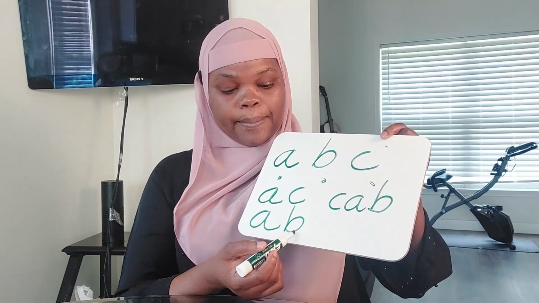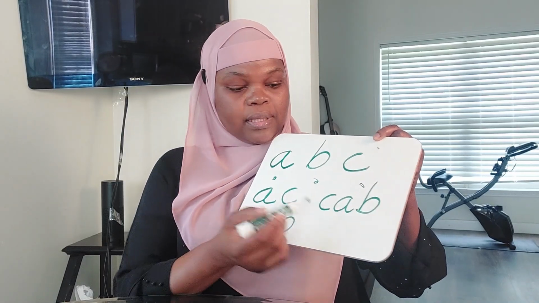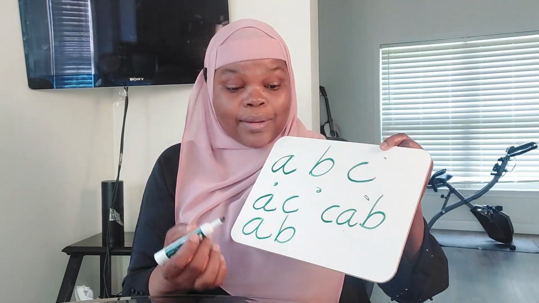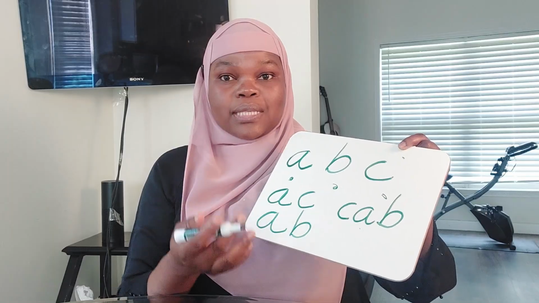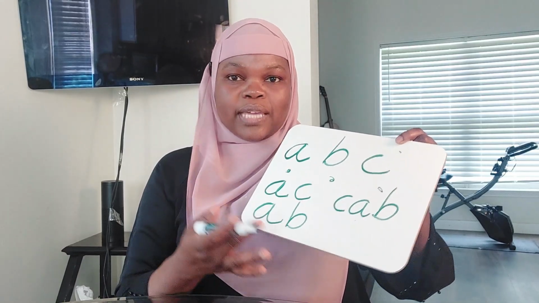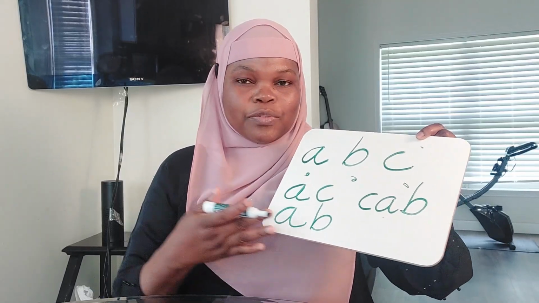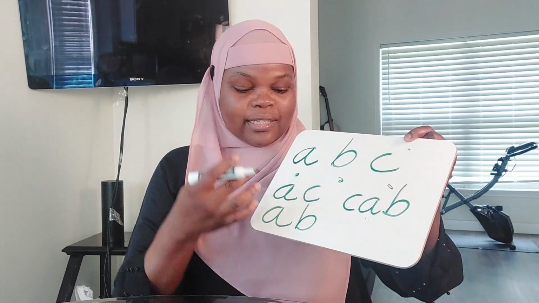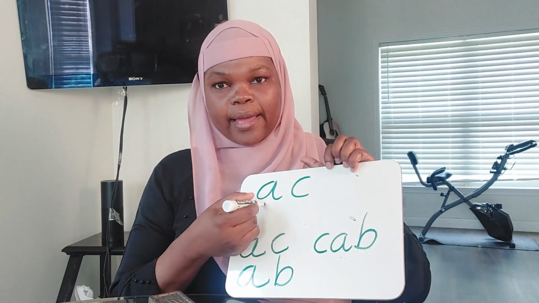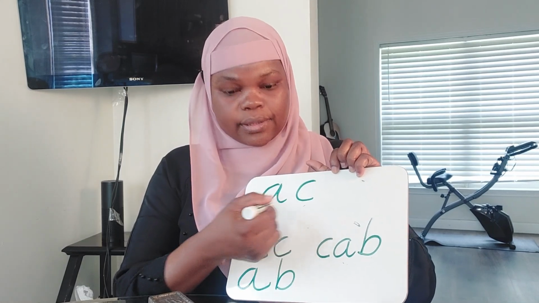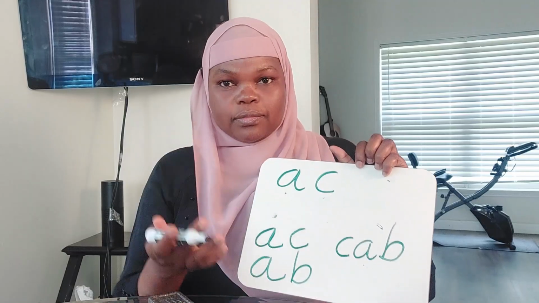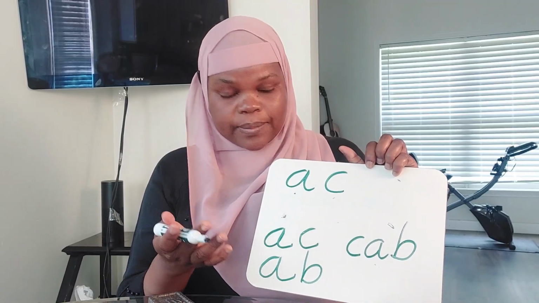Then a, b, k. We are still making individual sounds. But when you want to blend this together, you smooth it together without stopping there. You merge the a and k together. This is actually not a real word, but the goal is to teach the concept.